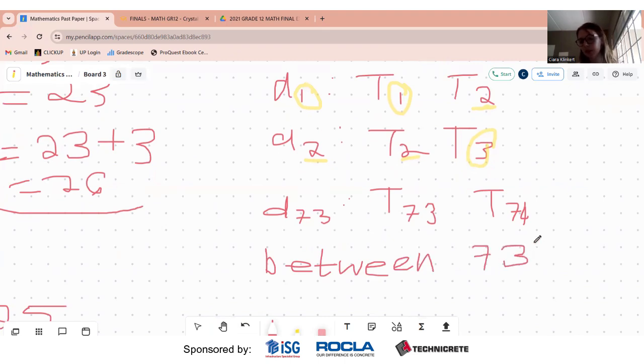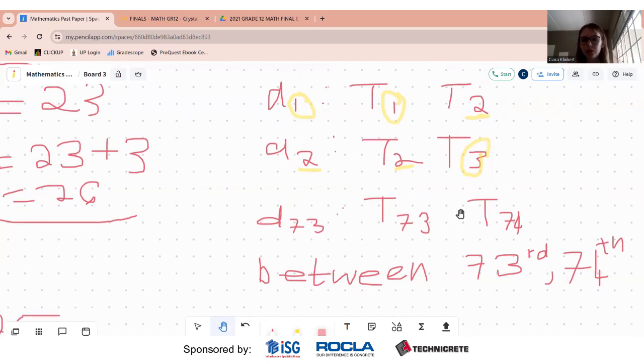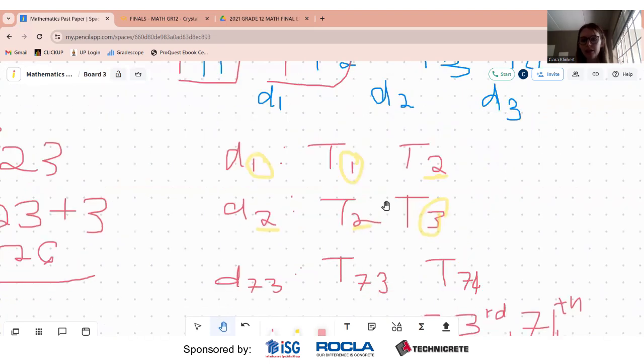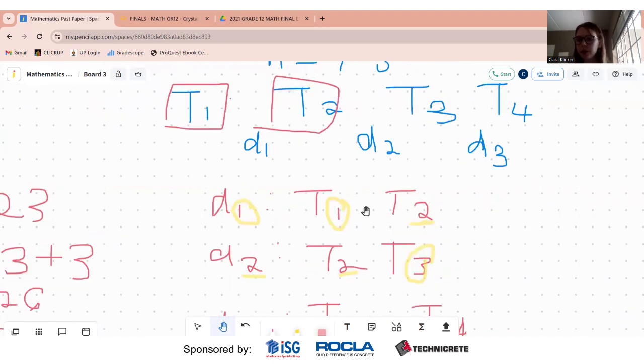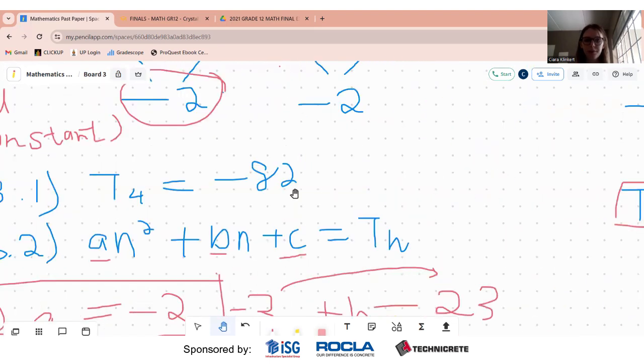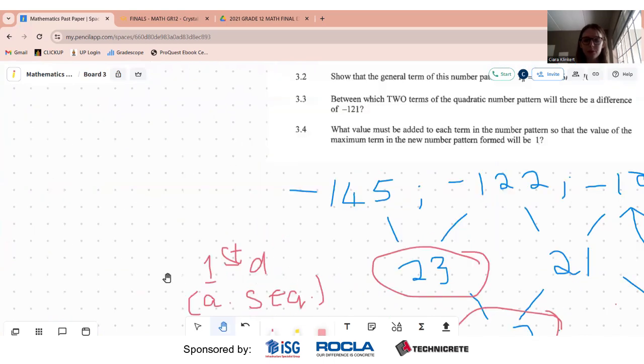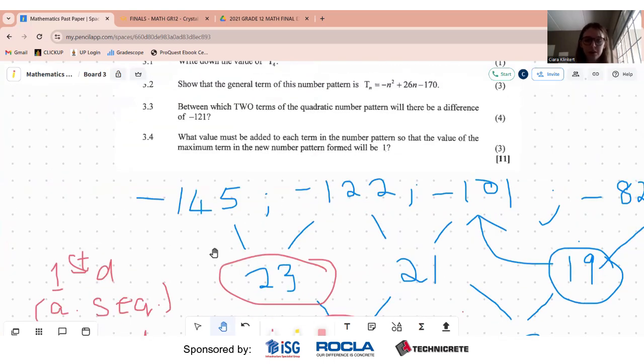Please learn this because they really, really like asking this question. And if you forget which terms in the quadratic sequence the first difference is supposed to be between, just do this little diagram that I've done here and try to figure out the pattern for yourself. So let's move on to the final question.